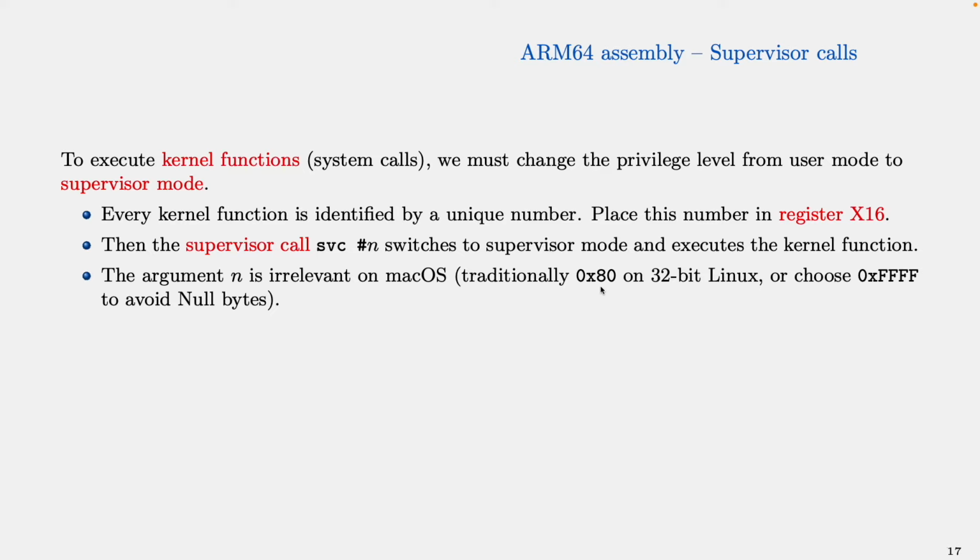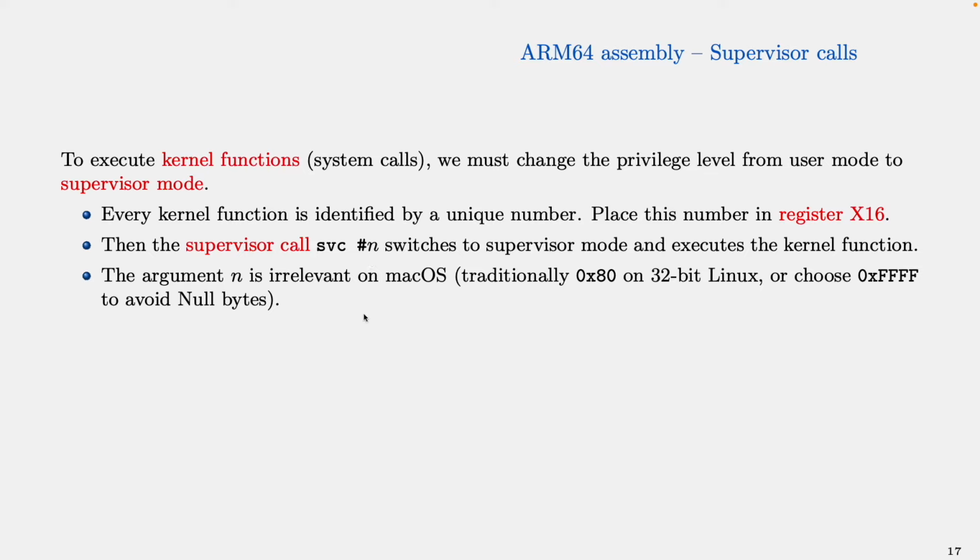And it's only if you want to make it explicit that your system call is reminiscent of these Linux codes. What I usually do is take a high number, for example, hex FFFF, because that way I can avoid null bytes getting into the encoding of this supervisor call.